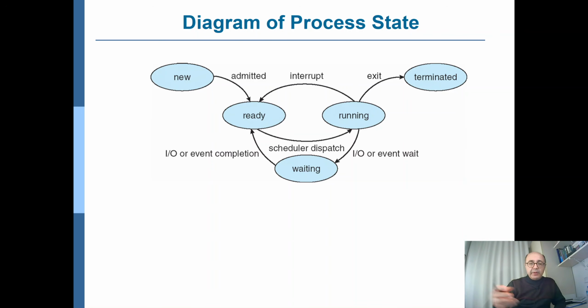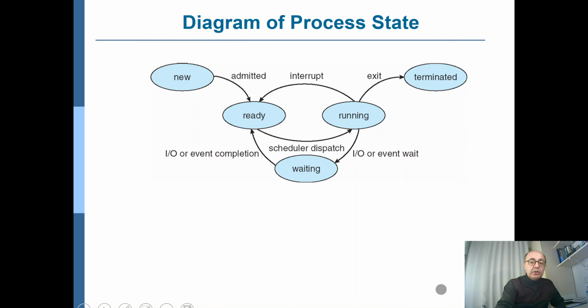So the program typically, every program starts in new. Remember, when you're in the new state, the process cannot be scheduled yet because the process is still being created. It's not completely created. So a process in the new state is not properly created yet. It's in the process of being created.